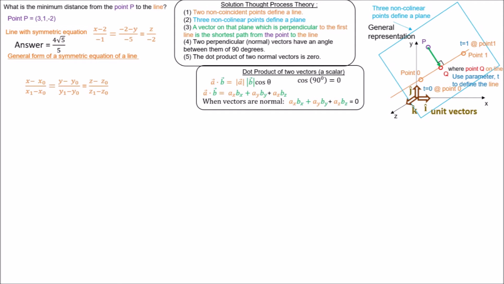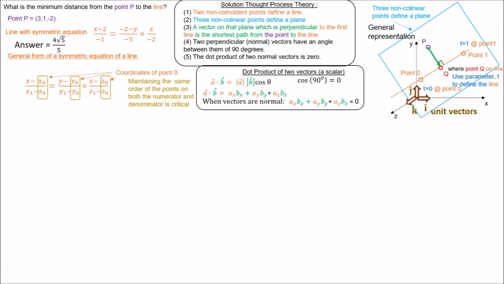Thinking about the general form of a symmetric equation, as shown right here, it has 3 terms that are equal to each other, and each term has a numerator and denominator. In this general symmetric equation form, it's very critical to maintain the order. For example, in all 3 equations, in the circles, I have shown the coordinates of point 0.